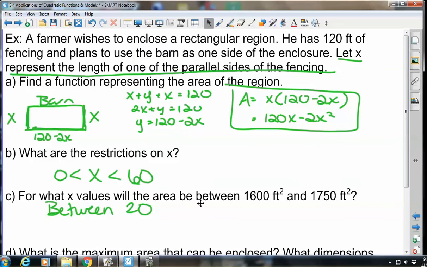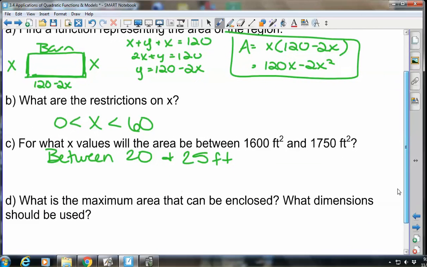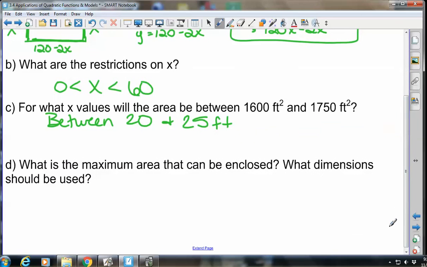And I get my x to be 25. Okay, so if my x is between 20 and 25 feet, it'll give me an area in the window that we want. Any questions about that?